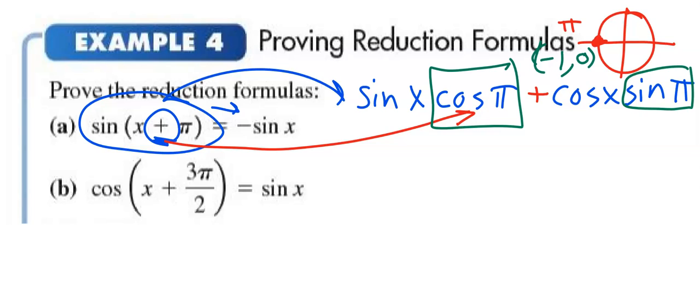Correct. Wait a second. We don't know what x is, so you can't replace anything for that. Sine x times -1 plus cosine x times 0. Yes? Now, simplify that.